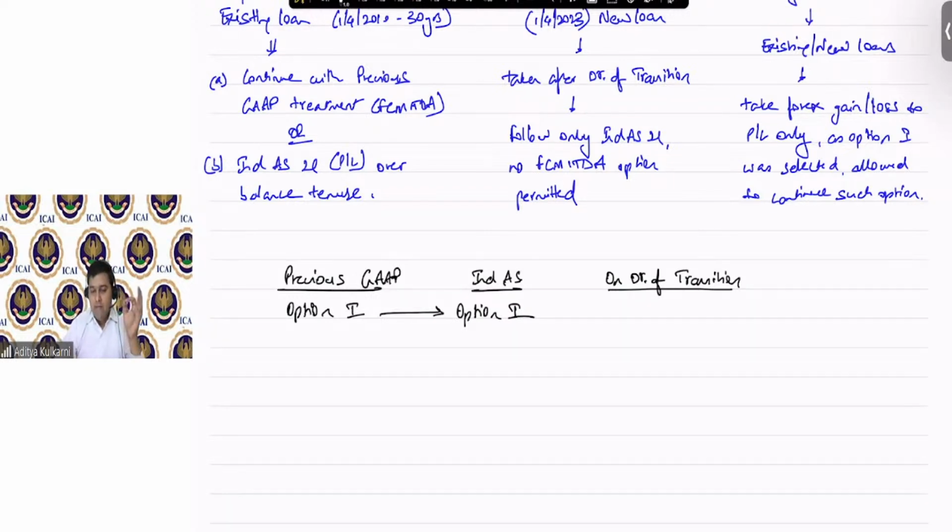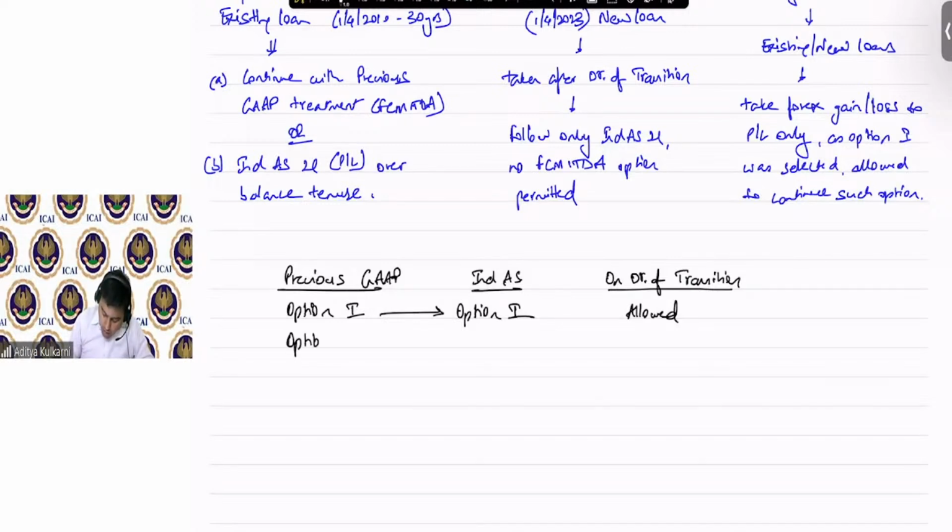So now tell me, option one, I had availed. That means I would take the differences to P&L, and I want to continue that option in Ind AS. Is it permitted? That means you also want to write off the differences to the P&L immediately in the year when the forex gain or losses happen. Is it allowed? Answer is yes. It is allowed.